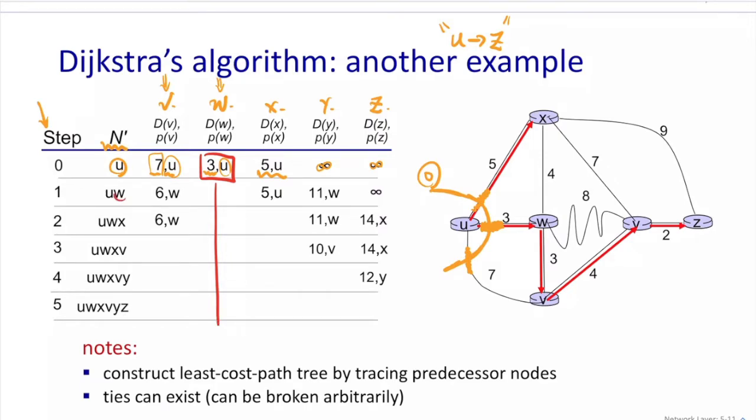So you put W in your N prime at step number 1, because it's the smallest one. And again, now N prime has U and W, right? So you have to draw a new boundary such as this one. So that is boundary step number 1.